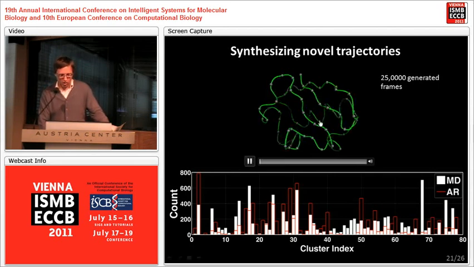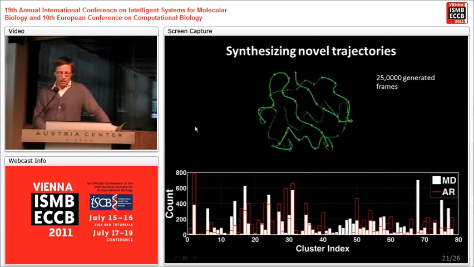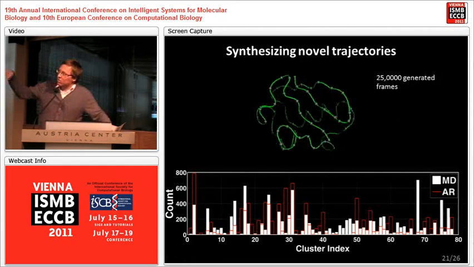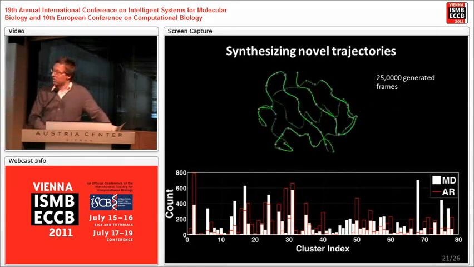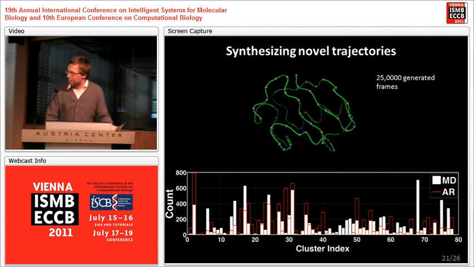So just to play it once again, it's interesting to see these motions shown in the distribution below, where the original memberships for each cluster are shown in white, and red indicates the cluster memberships for the synthesized trajectory. Maybe it's a little hard to see, but they're in the red outline.